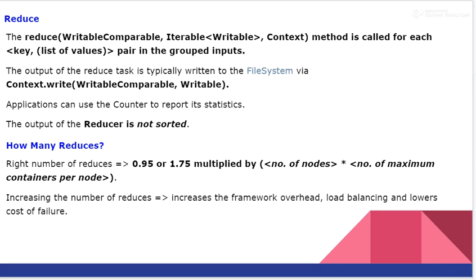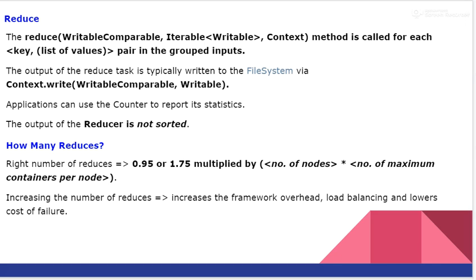You can control it. So typically, the question is how many reducers you will use. You can keep it between 0.95 and 1.75 times the number of nodes multiplied by the maximum number of containers available per node.